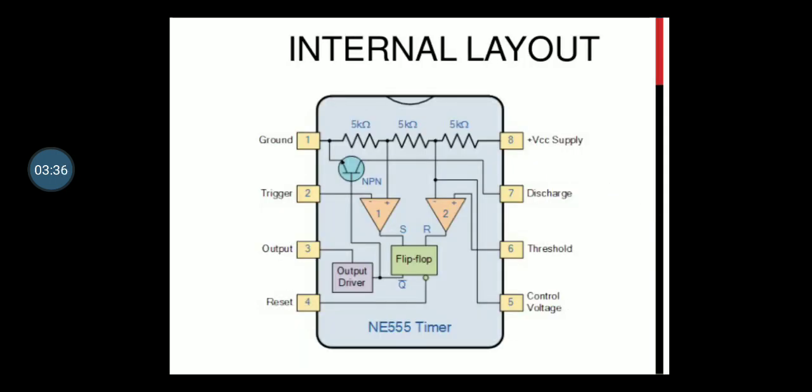So this is the functional block diagram of a 555 timer, or the internal layout of a 555 timer. The 555 timer integrated circuit is available in 8-pin circular type, 8-pin mini DIP and 14-pin DIP. The 555 IC is widely popular and various manufacturers provide the IC.